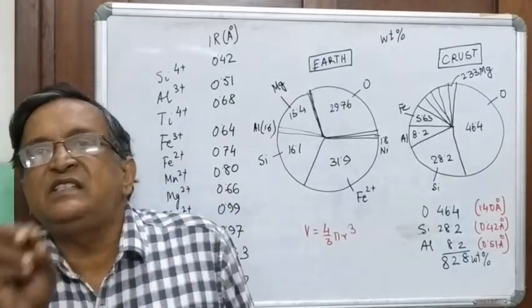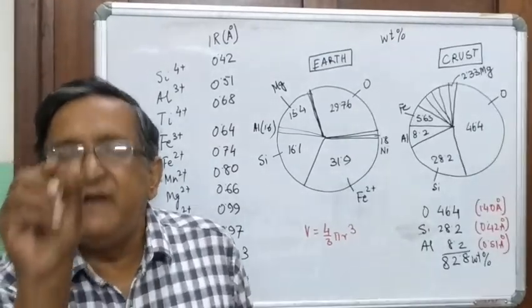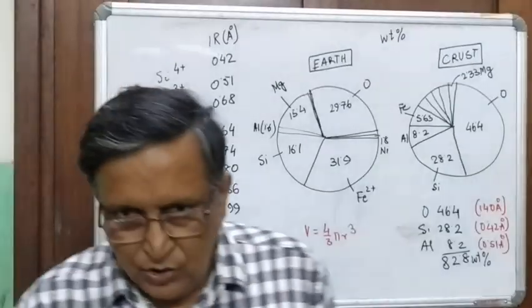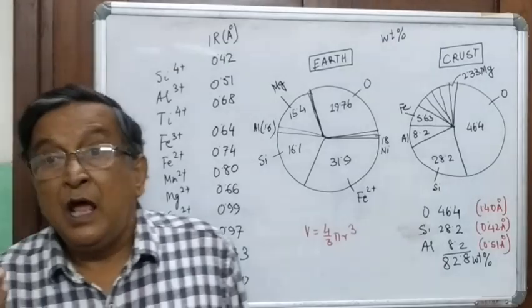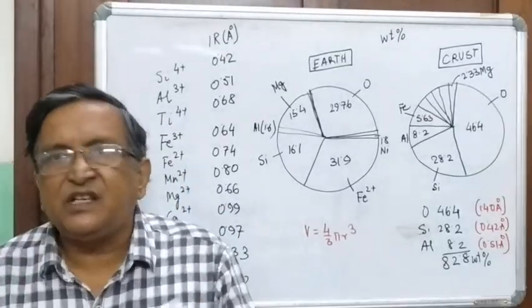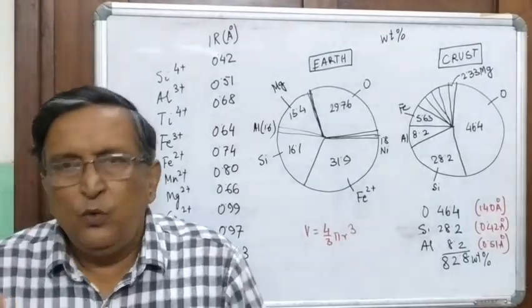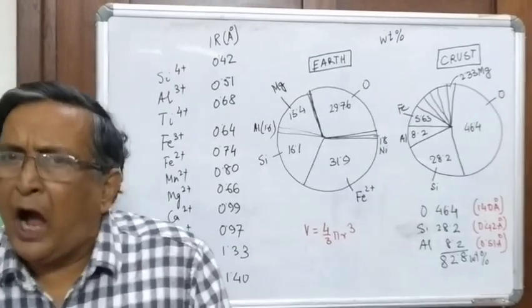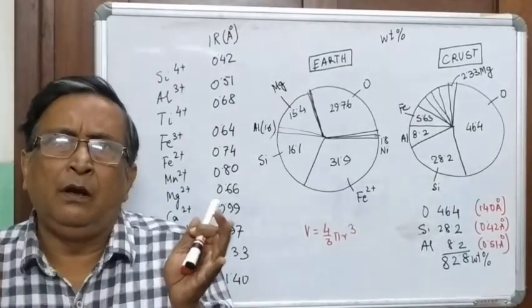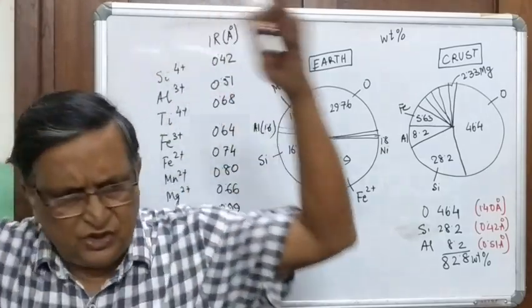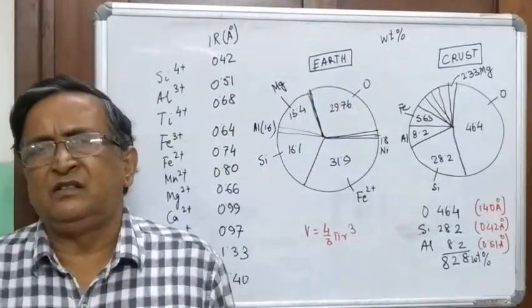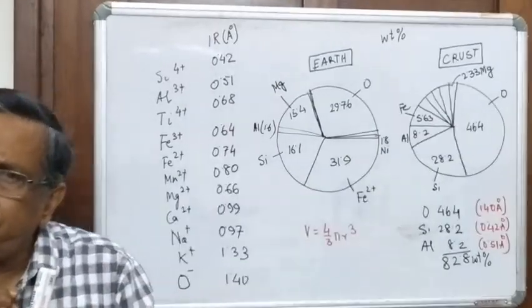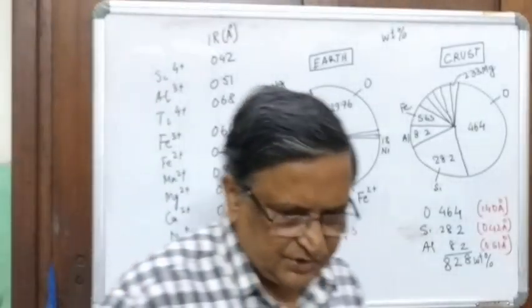They are in the interstices to form minerals that are electrically neutral. Now we come to a very important question: how will you accommodate all these cations within the oxygen structure? How, in a mineral, with oxygen being very large and hugely abundant, do the cations go into the crystal site? I will give you a few examples.